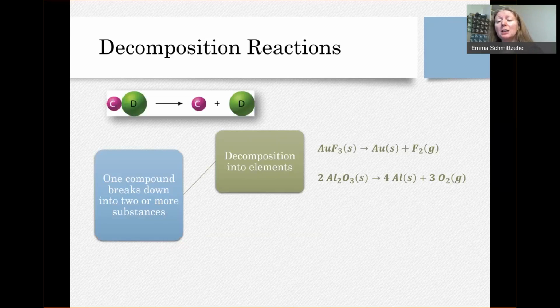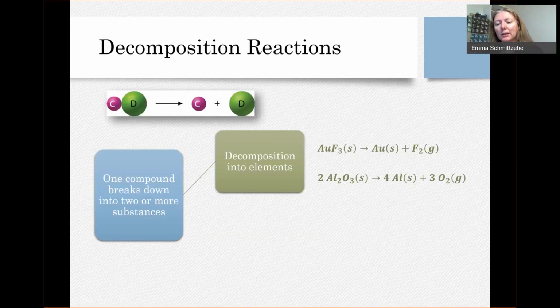And then the non-metal portion may be monatomic, it may be diatomic, it may be polyatomic. You should at least know that noble gases are always monatomic. Those won't come up in a decomposition reaction most of the time, because most of the time they're not part of a compound. But if they were, they would come apart and only be one atom of it.